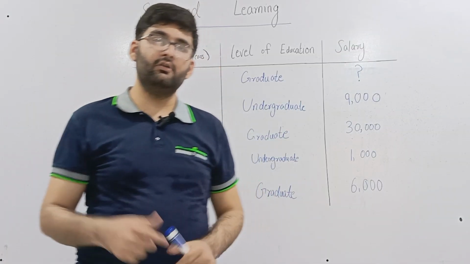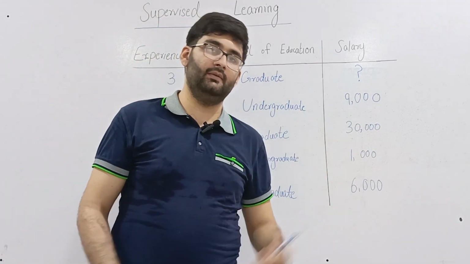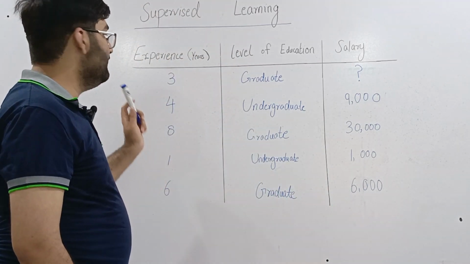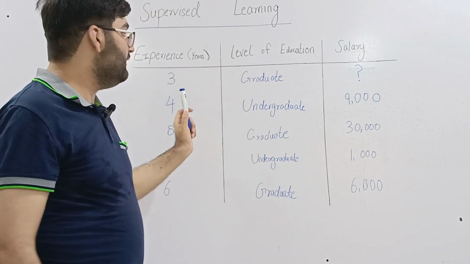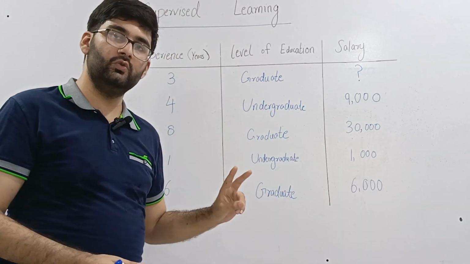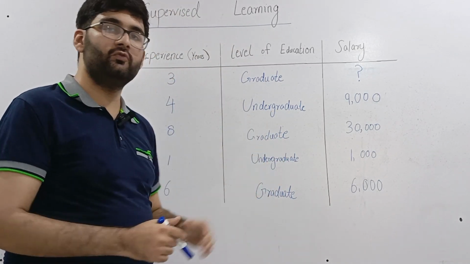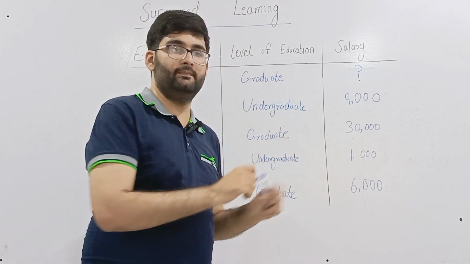Consider a problem where we want to find the salary of the employee of a company. We already know the number of years the employee has worked at the company, and we also know the education level of the employee. We want to use these two values to find the value of the salary of the employee.